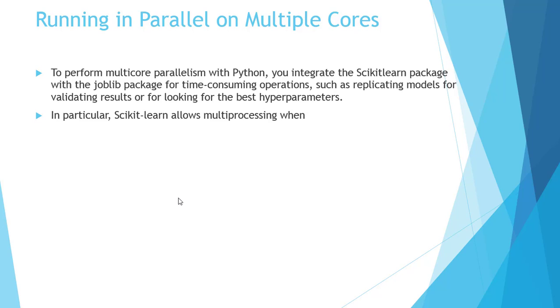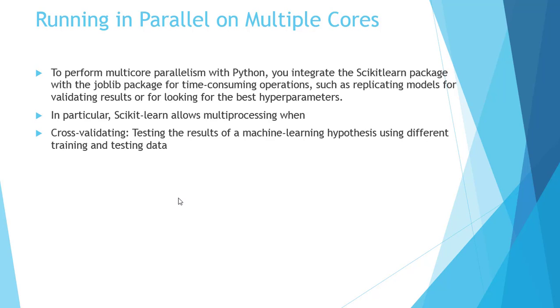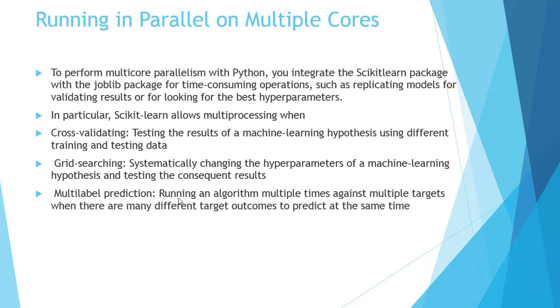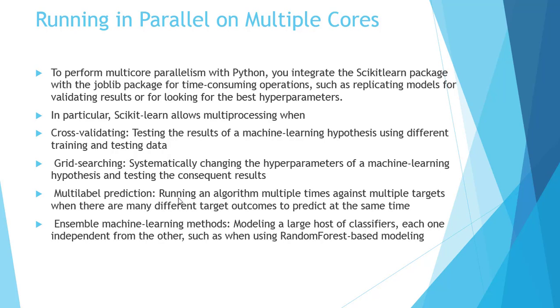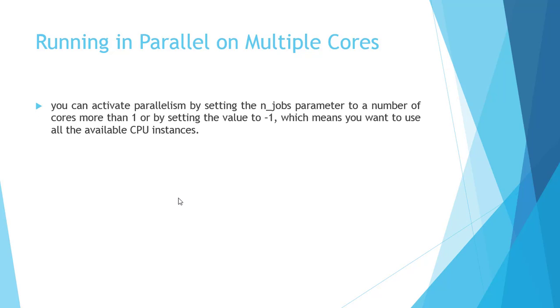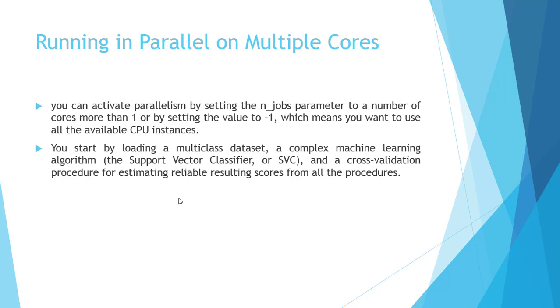In particular, scikit-learn allows multiprocessing when cross-validating, grid searching, doing multi-label predictions, or using ensemble machine learning methods. So we can activate parallelism by setting the n_jobs parameter to a number of cores more than one, or by setting the value to -1, which means you want to use all the available CPUs.